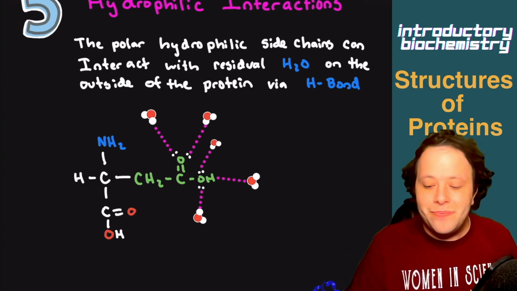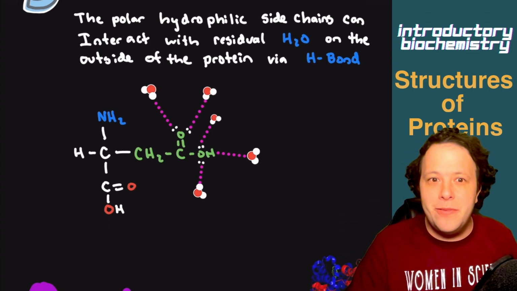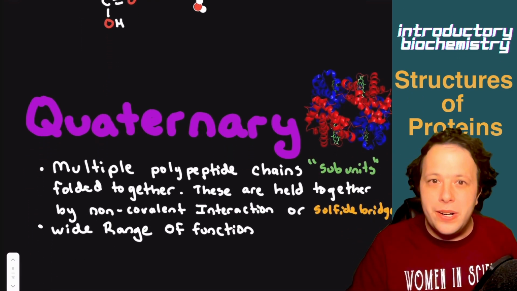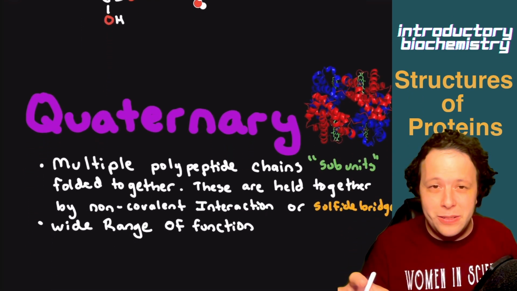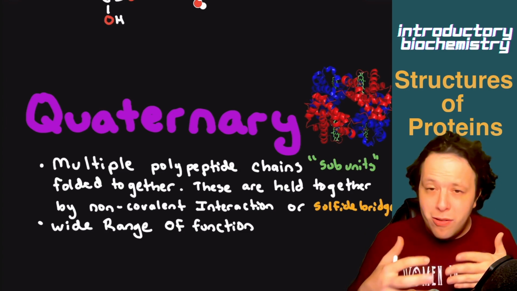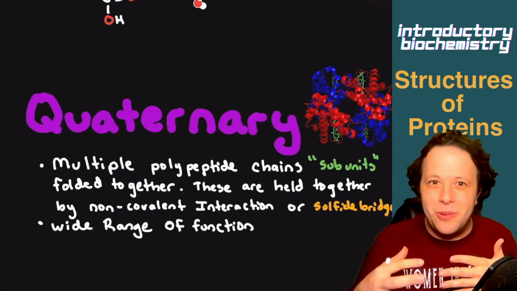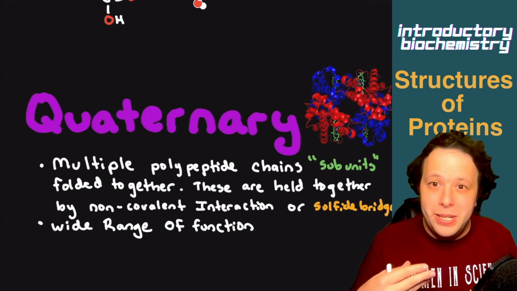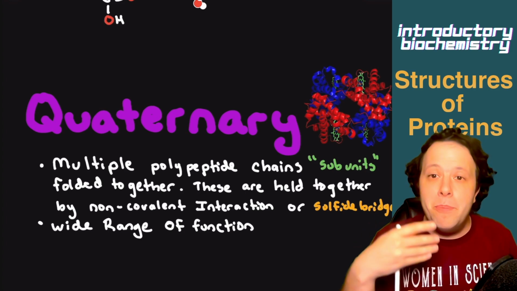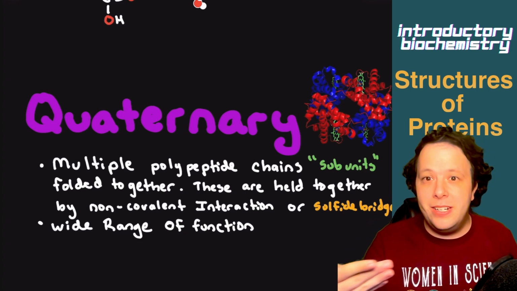Now, the last type of example is our quaternary structures. This video really doesn't focus a lot on this one, even though it's in the title, but it is arguably one of the most important categories as well, and it's something that can have a whole video on its own. The way that we classify this one is when you have multiple polypeptide chains.